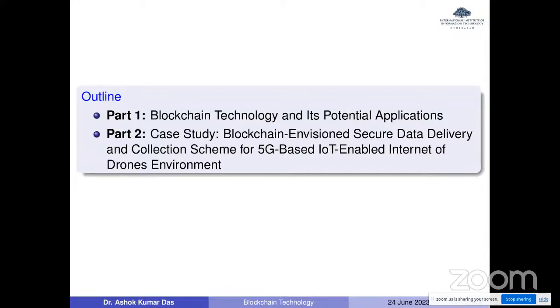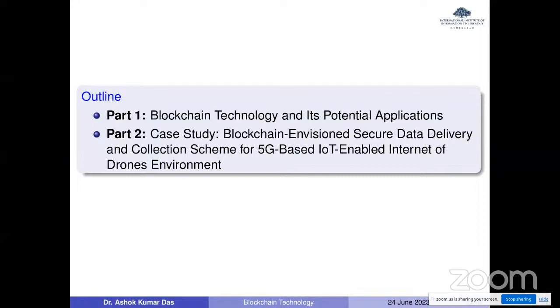Then in the second part, I'll try to cover a case study known as blockchain envisioned secure data delivery as well as collection mechanisms for a 5G enabled, Internet of Things enabled Internet of Drones environment.